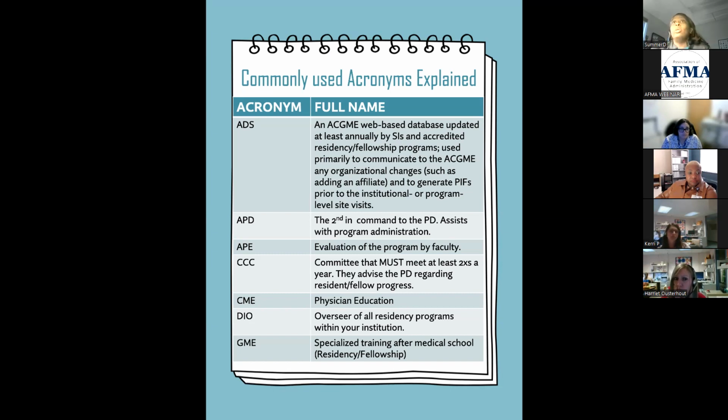So my program has 27 residents, so I have two. I have an associate and an assistant. The difference is just the title for which one of them did an extra step for the teaching within our institution. I'm sorry about that. So we have two APDs, which again is the second in command, which is the assistant program director. I hope I'm making sense. I'm probably not. I'm rambling.